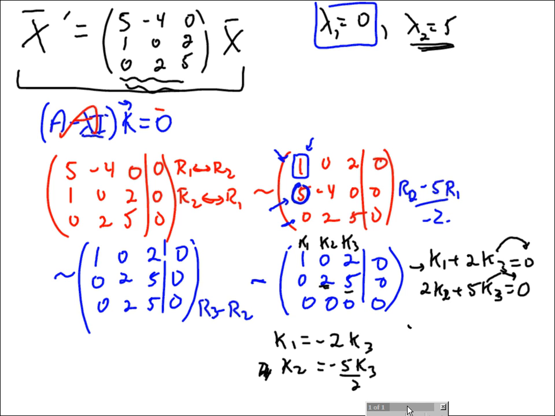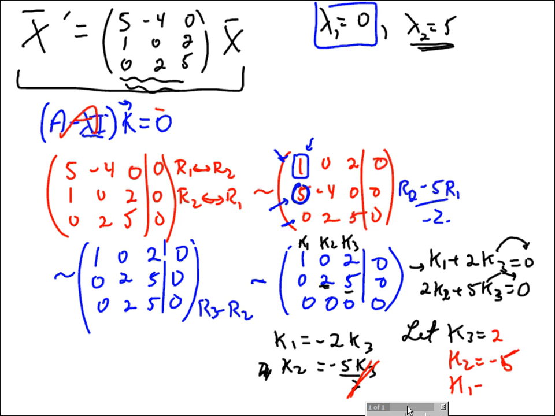Now, I'm going to pick at random a value for K3. But I would love for 2 to go into it. Well, 2 goes into 2, so I'll let K3 be 2. Then K2 will be negative 5 because the 2's cancel.